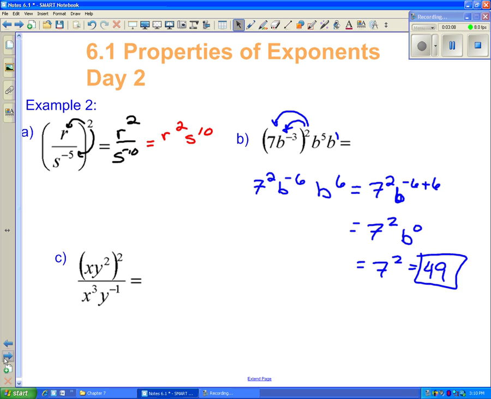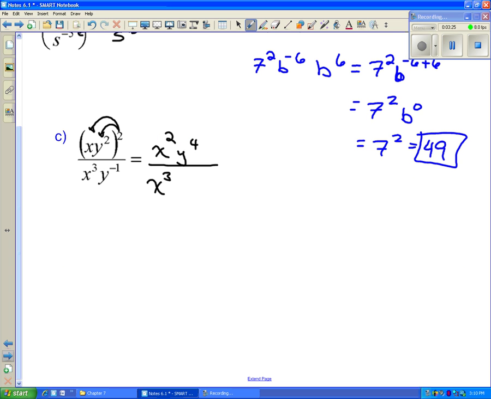So let's look at example C, and this is when we start to have some fun. Distribute that 2 in. This is x squared y to the 4th over x to the 3rd. That y to the negative 1 actually should move to the numerator, to the top. So this is now y to the 1 up here. If I combine like terms, this is x to the 2 minus 3, y to the 4 plus 1.